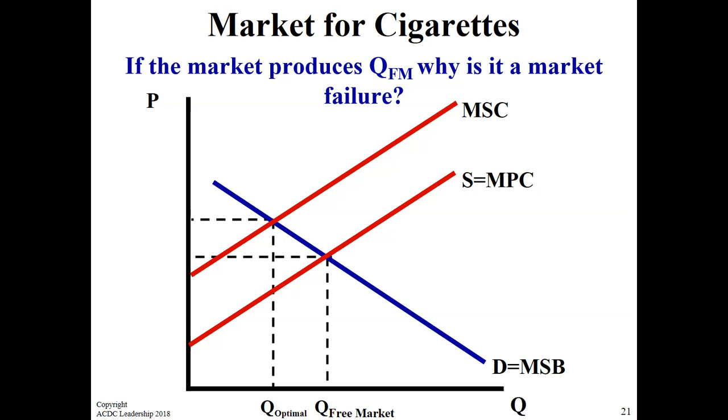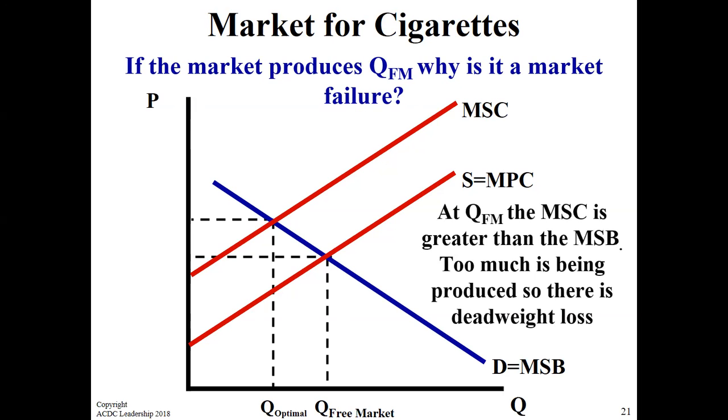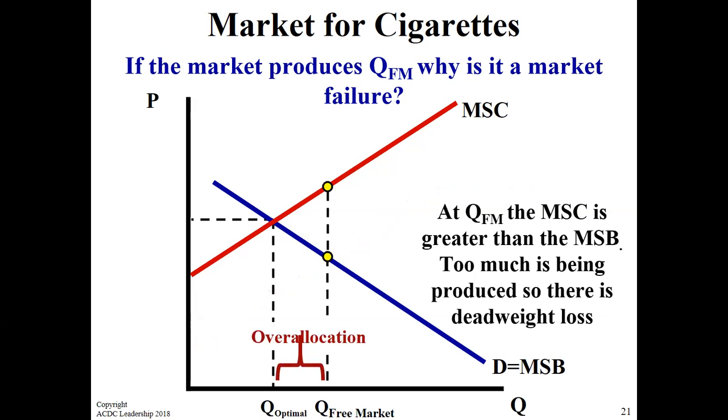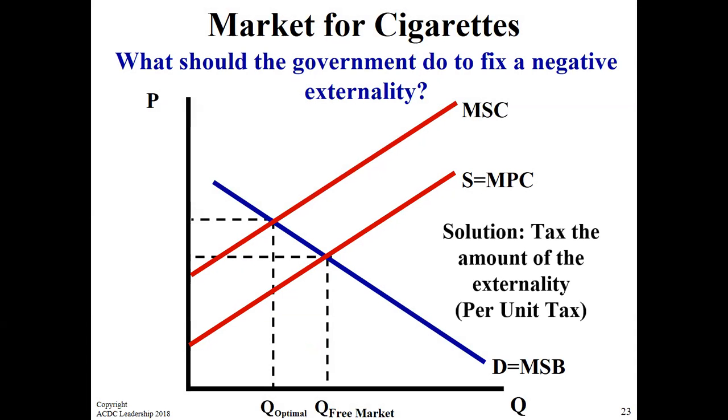And the excise tax is going to be like the price of the external cost. So this is one time that we're going to put on the tax. There's the over allocation, there's the dead weight loss, and the tax is the amount of the externality.